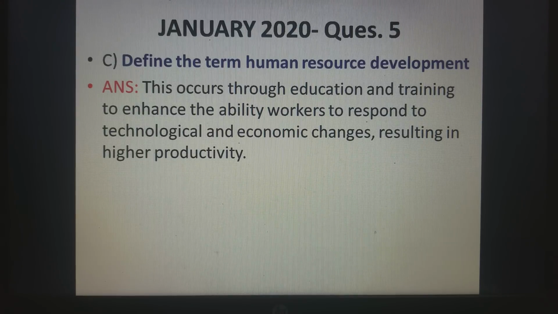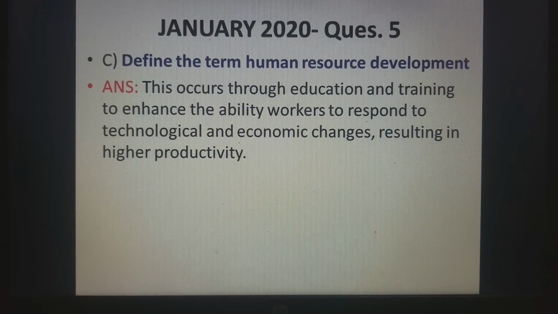Now, development suggests that you are improving, and so it's human resource development. That means the individual is improving in their education and in their skills, their ability to perform job tasks better than before.